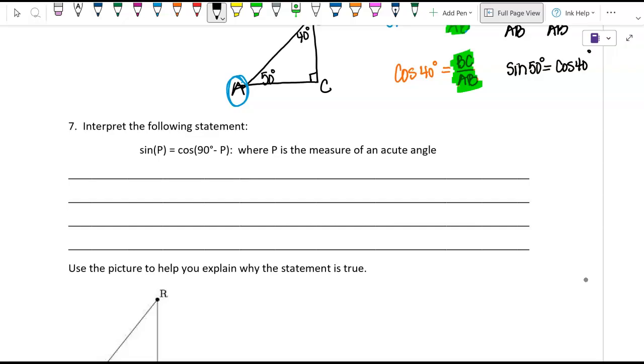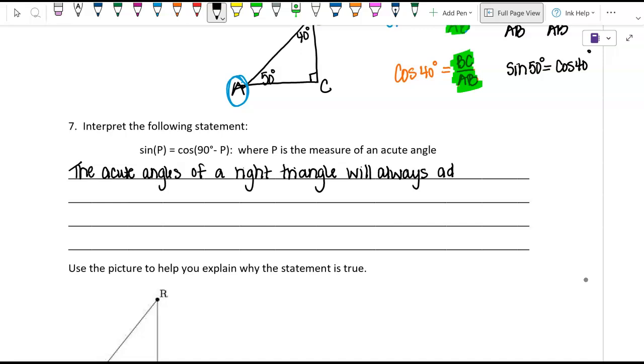But the acute angles of a right triangle will always add up to 90 degrees, making them complementary angles.